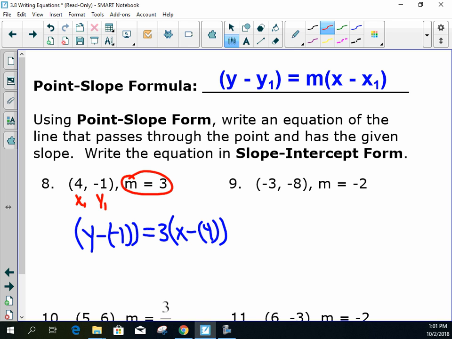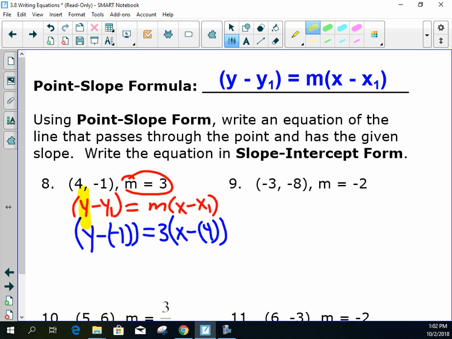So what I have is this: y minus y1 equals m times x minus x1.